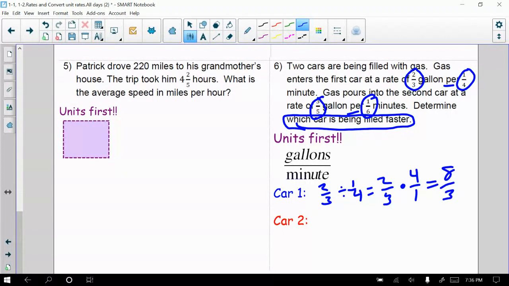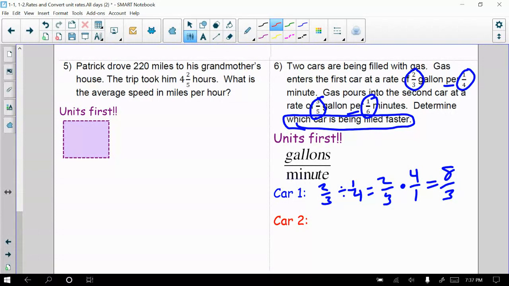I'm gonna leave it like that right now because in case the other car doesn't have the same denominator, we can find a common denominator a lot easier and then compare them even faster. Because that's what we're looking for, to see which one is faster.